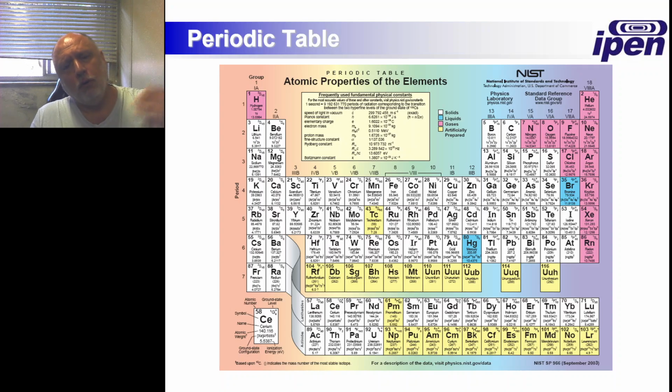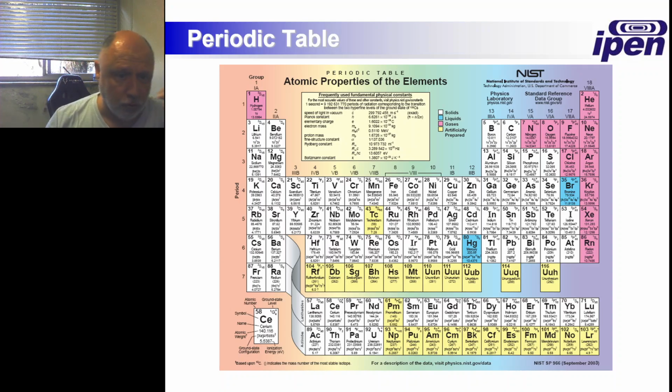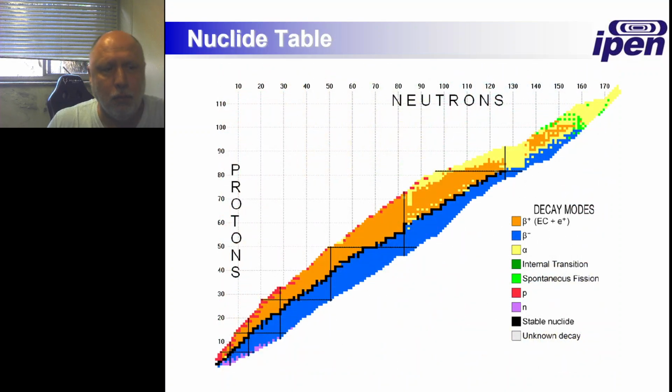But when we talk nuclear physics, as I told you, the same element can have several isotopes, which are nuclearly completely different. So when we talk about nuclear physics, we need a table like this, which, as you see, has much, much more dots than the regular periodic table.